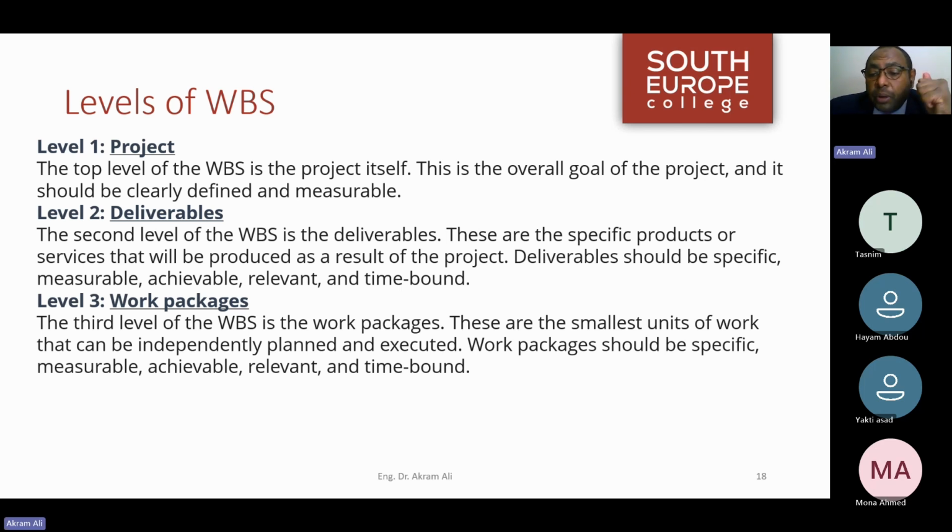So for example, I have the kitchen area, and I have the service area, and I have the kitchen furniture, and I have the serving furniture, for example, and I have the interior decoration of the kitchen area and the interior decoration of the serving area, and I have the exterior of my cafeteria.